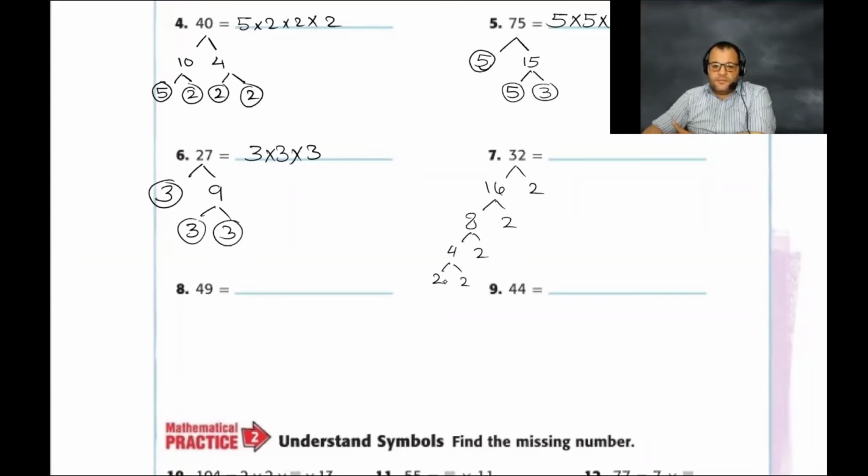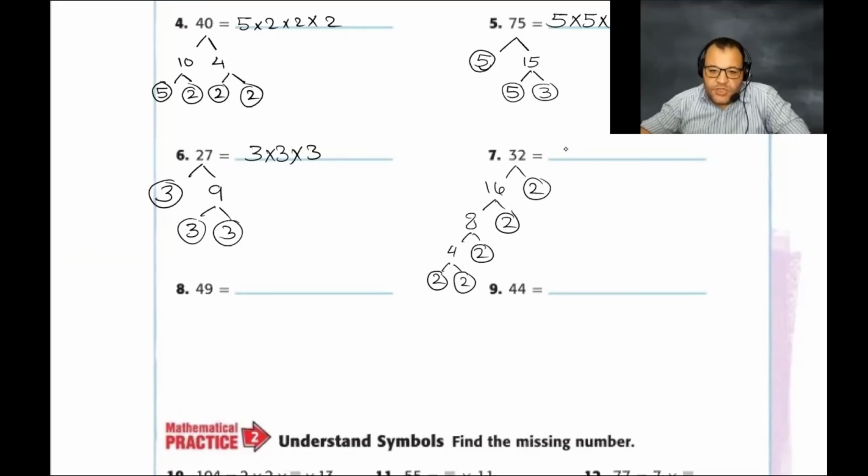1 multiplied by 2? No. Leave 1. We will not use 1. I need to use any number except 1. So 2 now, will I circle it, or continue? Circle. So I will circle it. 2 also, because 2 is a prime. Circle all of the prime numbers.